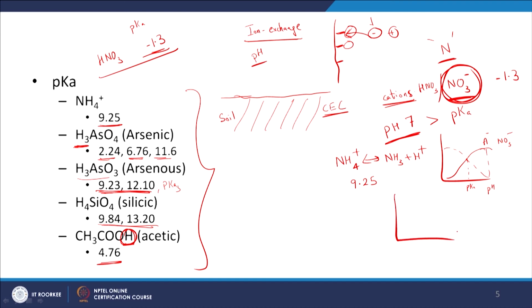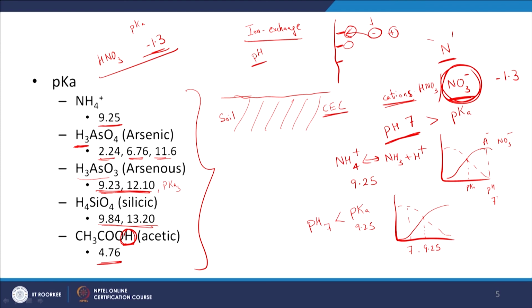So for this case, the pKa is 9.25 and the pH is going to be 7. So here we see that the pH, which is 7, is less than the pKa, which is 9.25.